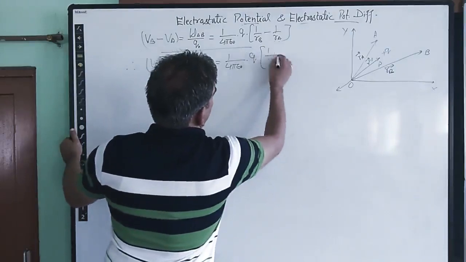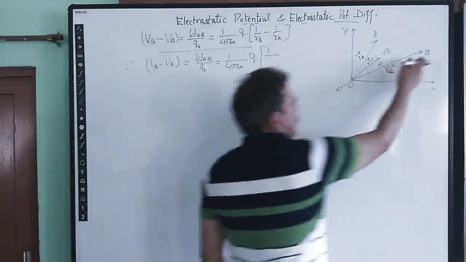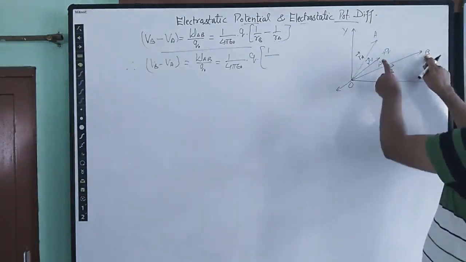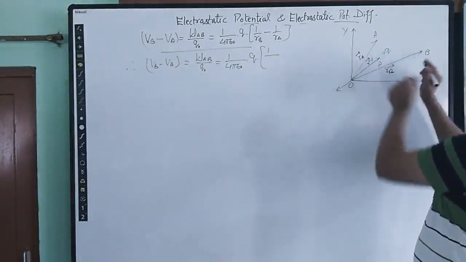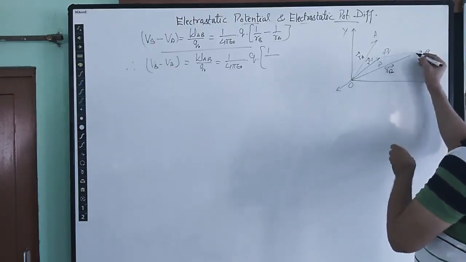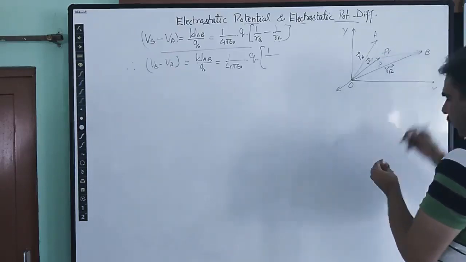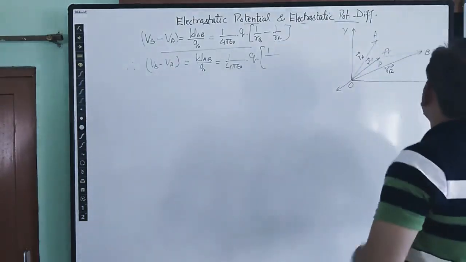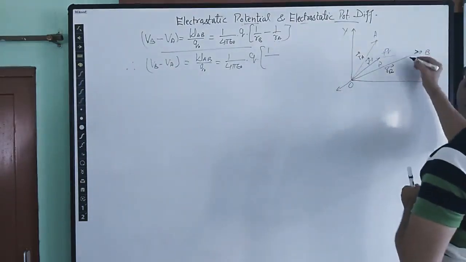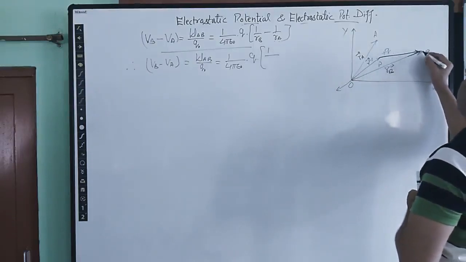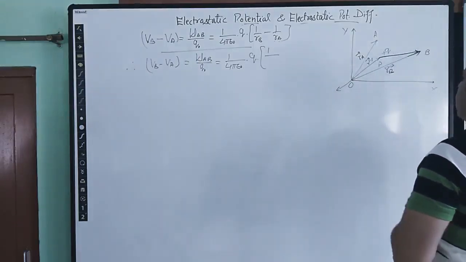So what is the final position? Suppose that this is the final position. We have to take the final position with respect to the given charge Q. So the position of the point B is this, we have to find. Right?